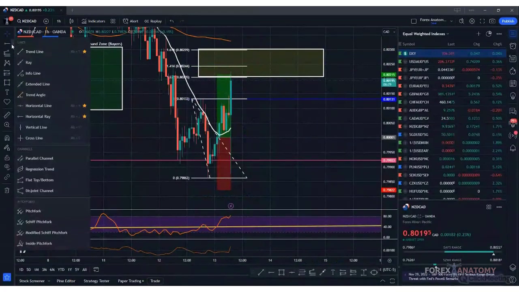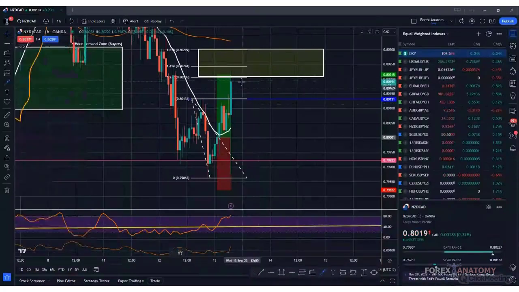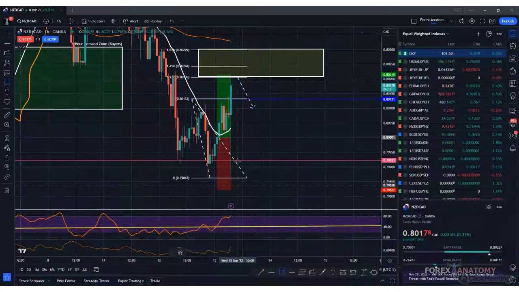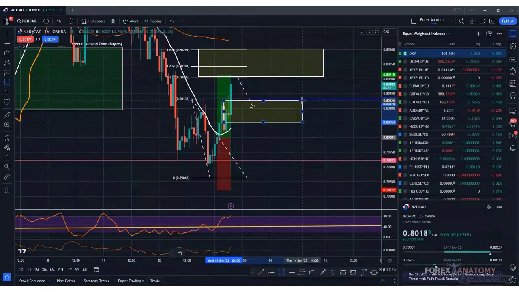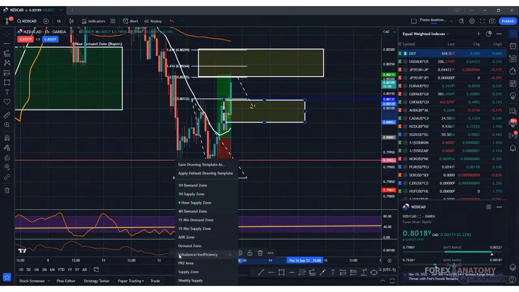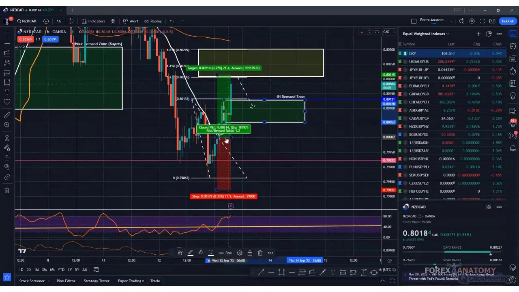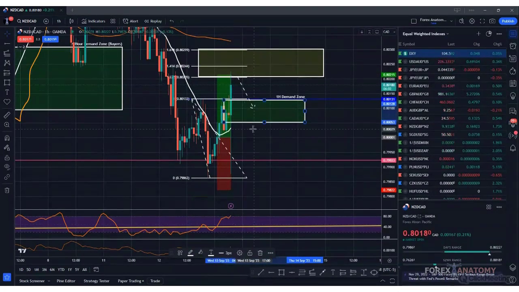But again, we'll look for price to correct down to an area of support or structure. And then we'll look for an opportunity to buy. So somewhere right around here, we look for an opportunity to buy on bullish confirmation. So we'll be waiting for this pullback to happen.